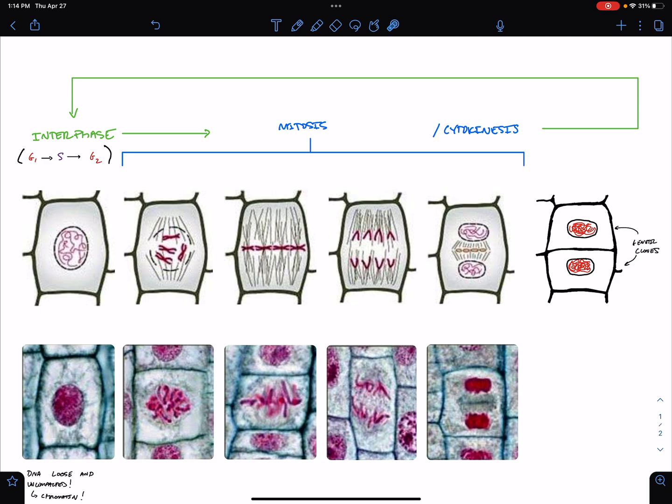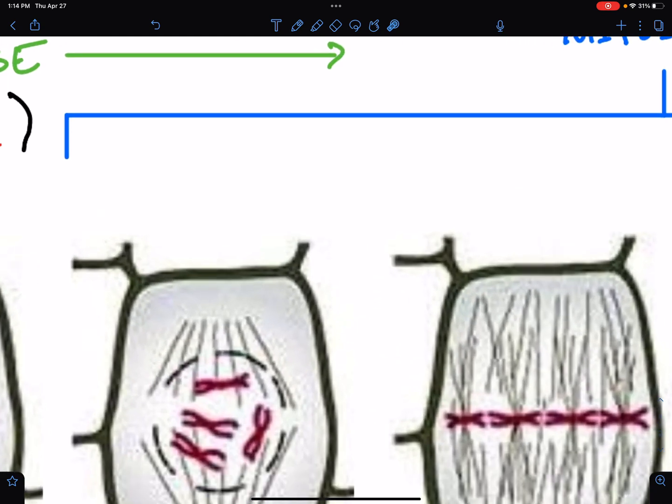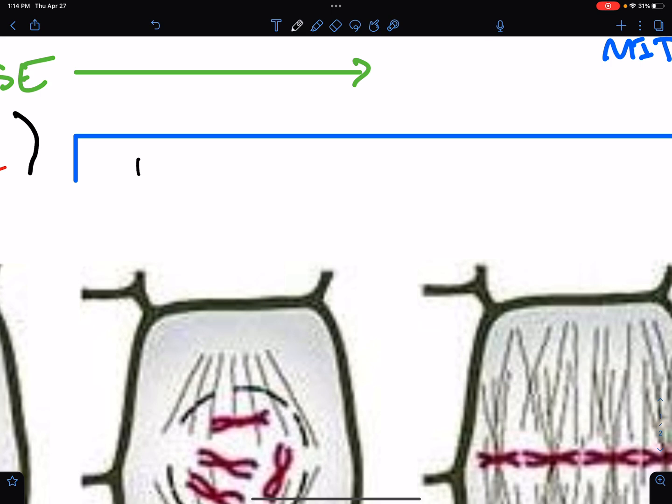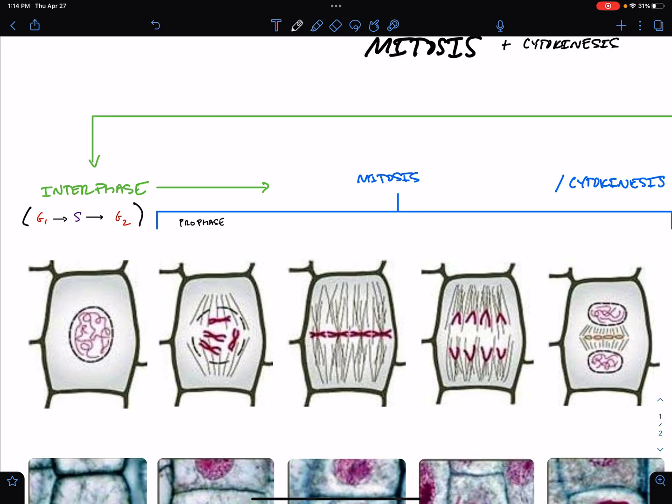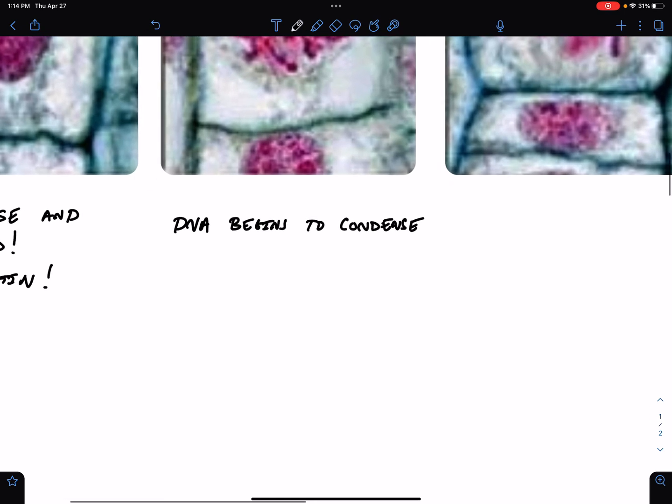So during the first phase of mitosis, which is called prophase, the DNA begins to condense, and you can start to see the individual chromosomes.